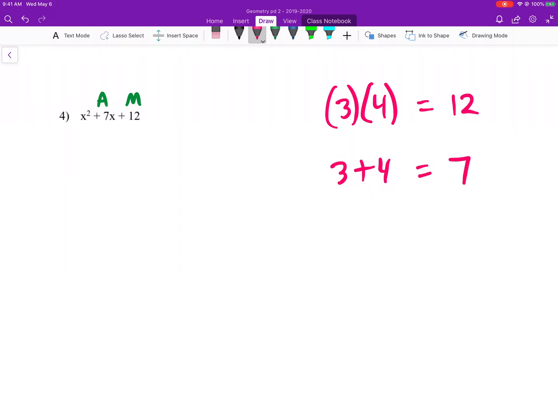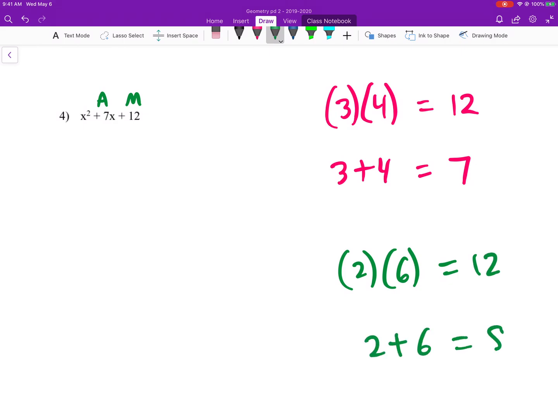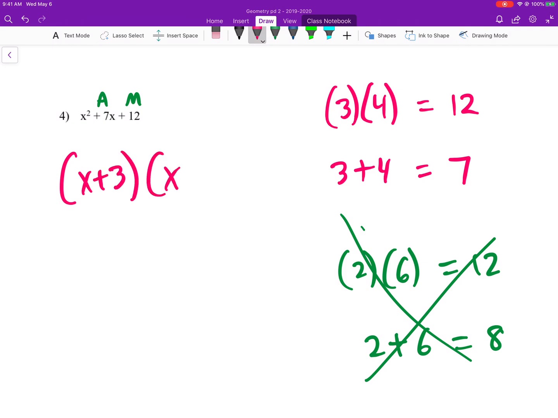Now, just to show you something that wouldn't work, like if you said maybe for 12, 2 and 6. Okay, great, yeah, that multiplies to 12. But if you add those together, that comes to 8, so that's no good. So it'd be x plus 3 and x plus 4.